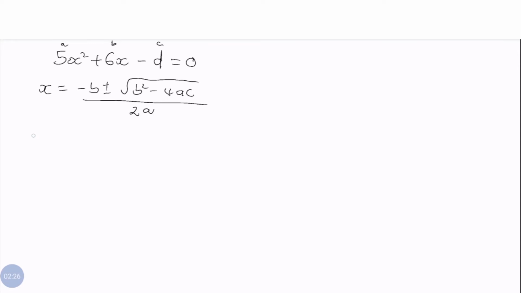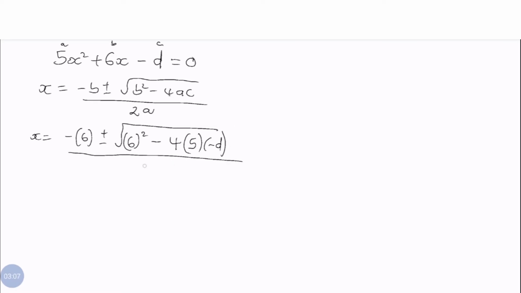So let us substitute. x is equal to minus b, which is 6, plus or minus root b squared, which is 6 squared, minus 4 times a, the coefficient of the leading term, which is 5, and c, which is represented by negative d in this case. All this over 2a, which is 2 times 5.